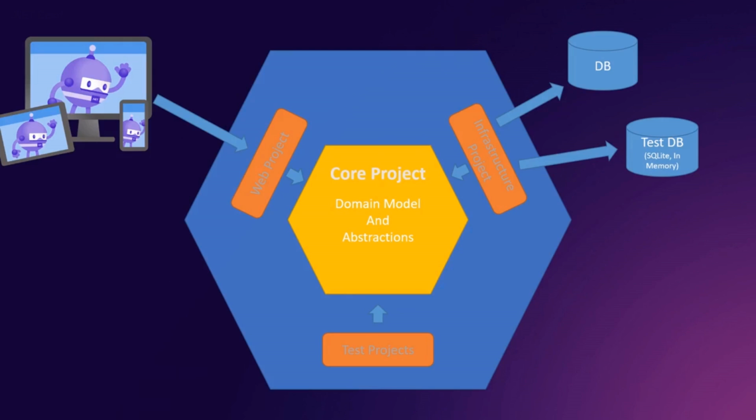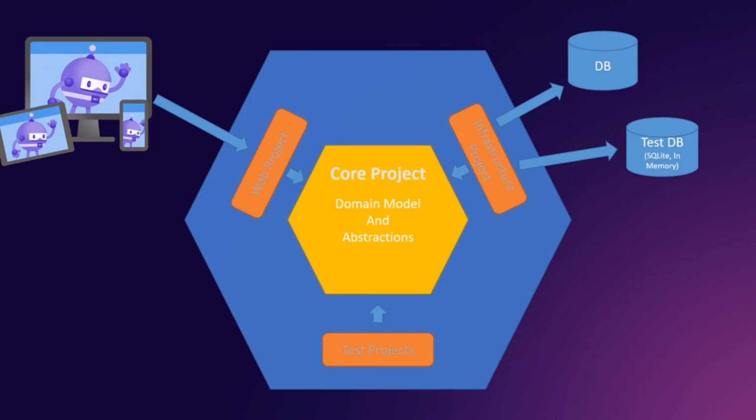With our clean architecture approach that we're going to use, we're going to have our core project in the center, and that's going to have our domain model as well as the abstractions that we're going to use, different interfaces. Around the outside of that, we're going to have the web project, which is how applications are going to interact with that. So if you've got a Blazor or Angular or whatever type of front end needs to communicate with this web project, that's going to be one of the external things that depends on the core project.